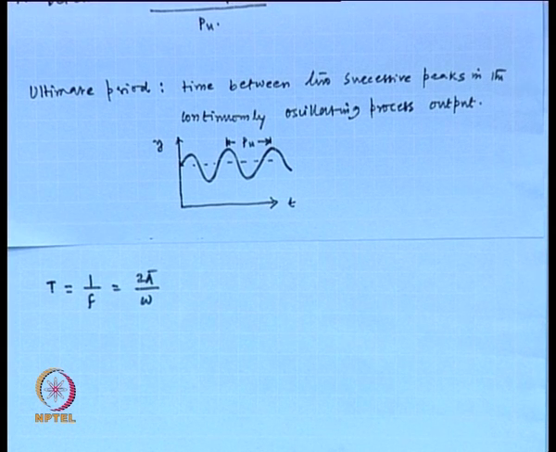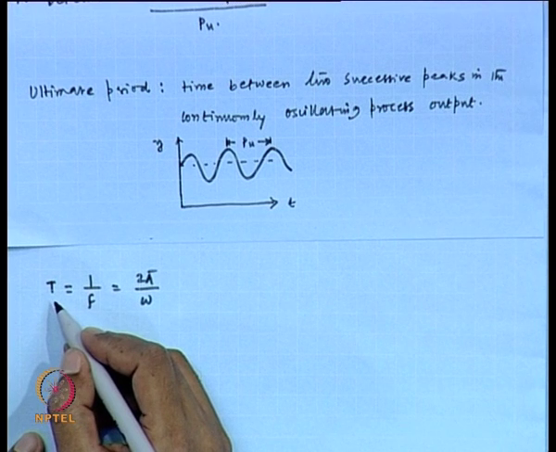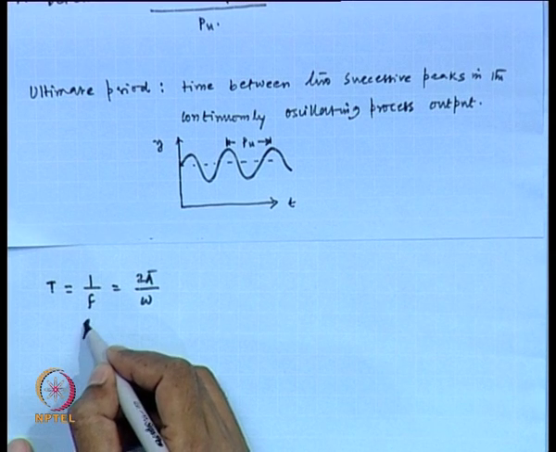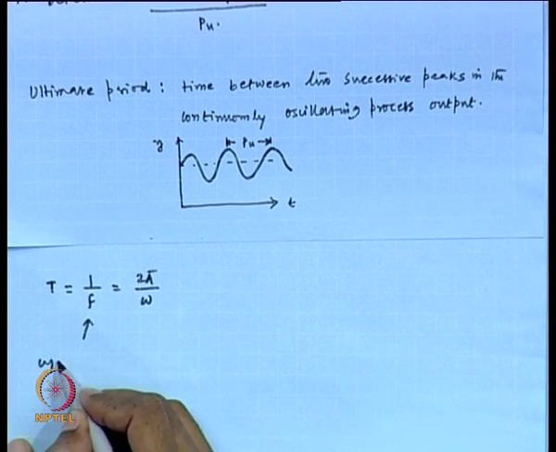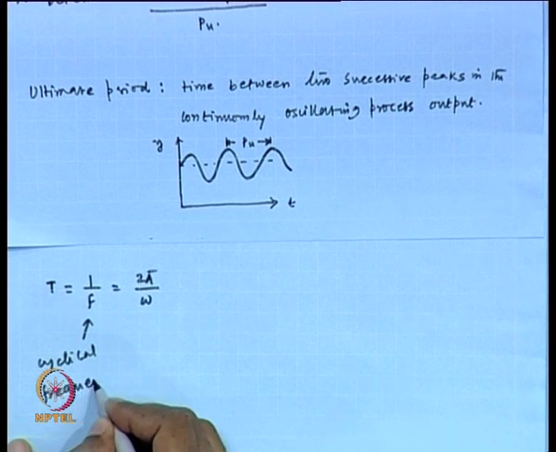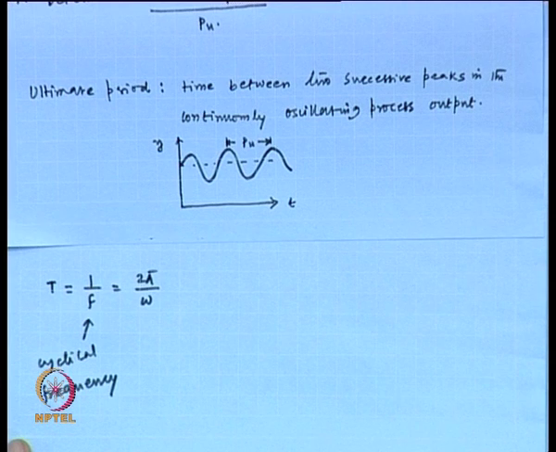Basically, omega is 2 pi f. Now, if we consider sustained oscillation, that means omega equal to omega CO, crossover frequency.